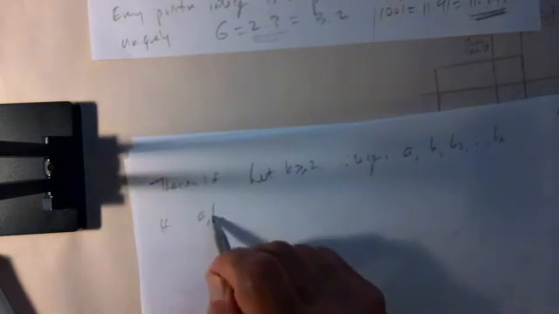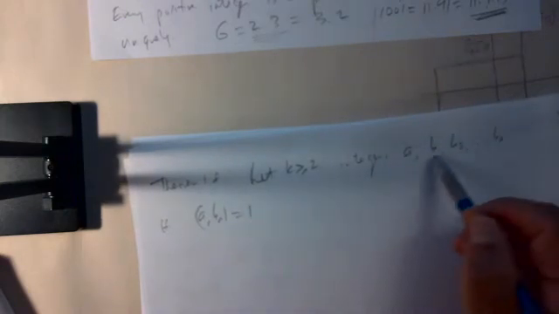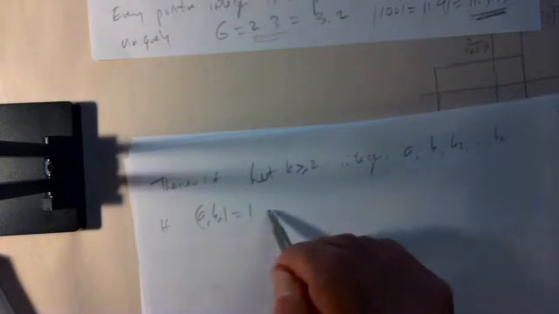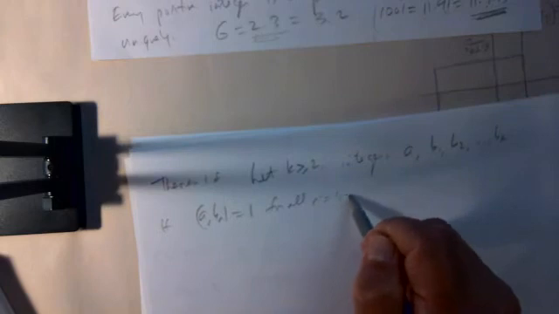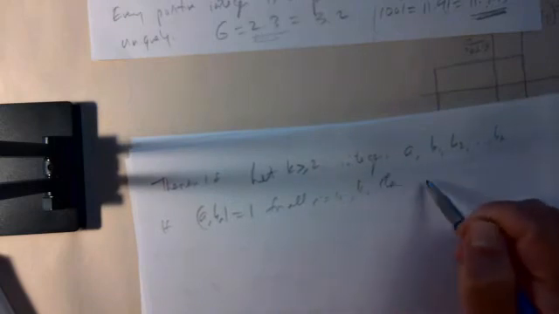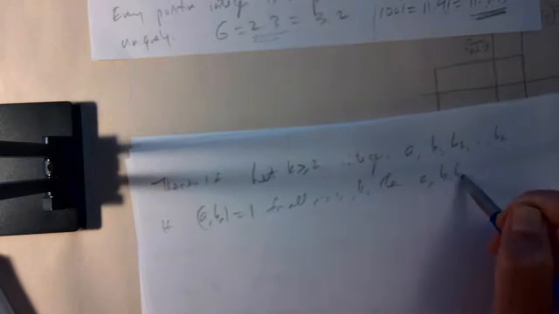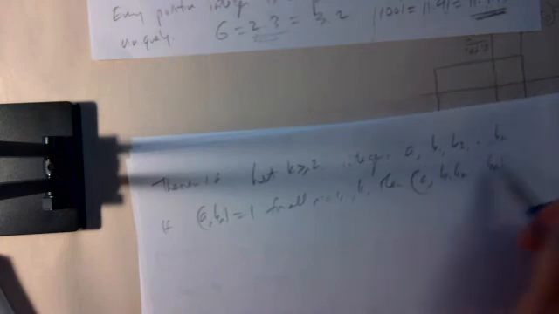So the theorem says if a and bi are relatively prime for all i from 1 up to k, then A is relatively prime to the product.